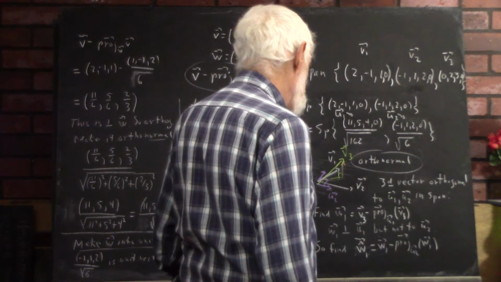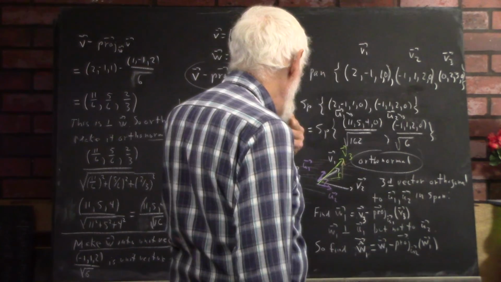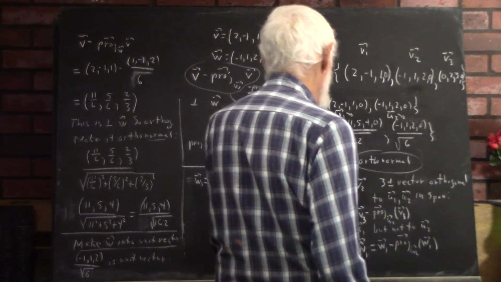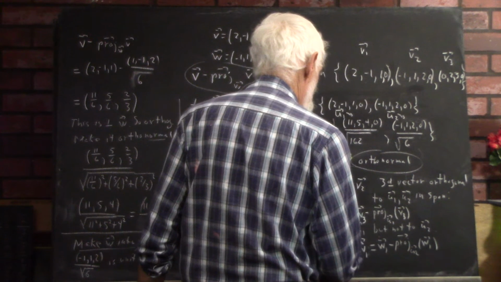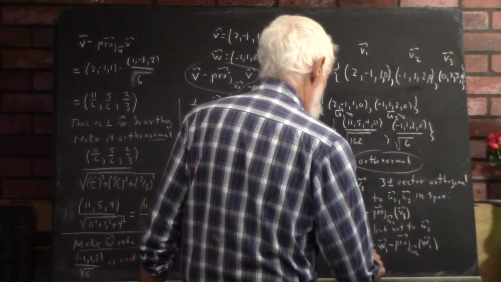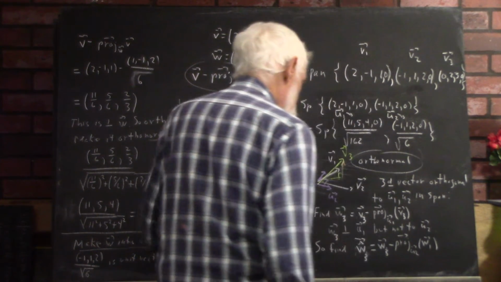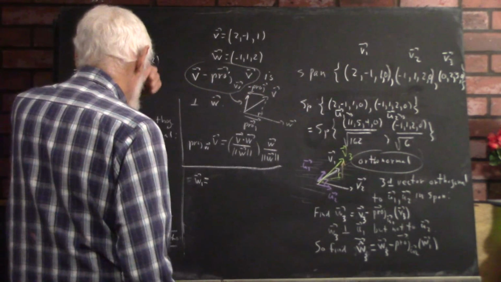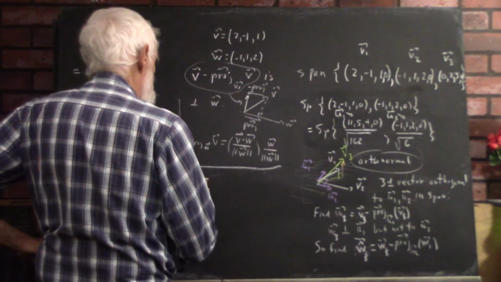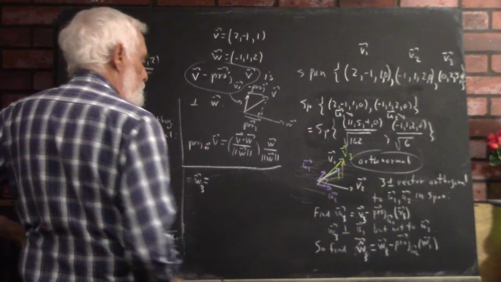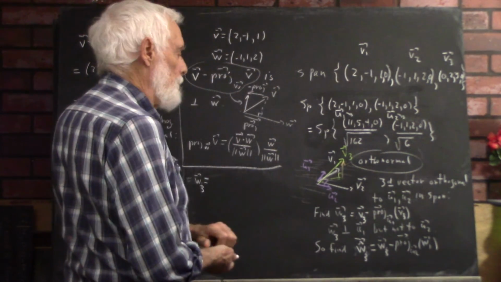Instead of calling this W1, let's call it W3, and this will be W3 hat. This vector that we're going to get when we subtract this projection, focus on the main idea.